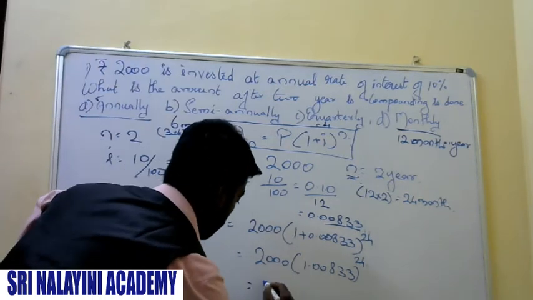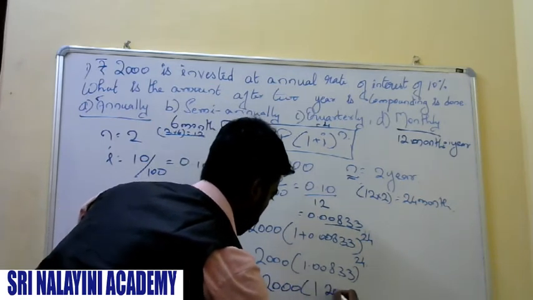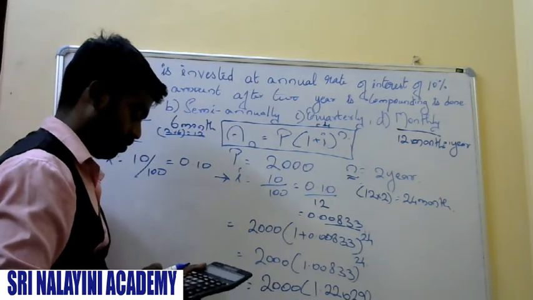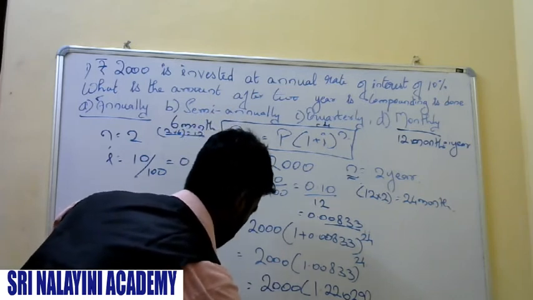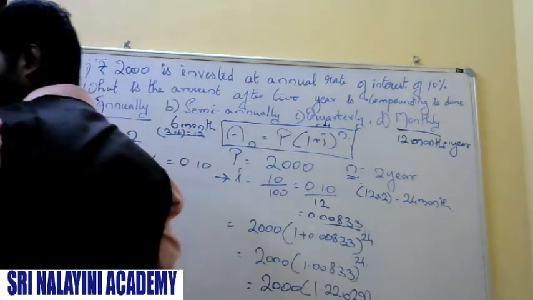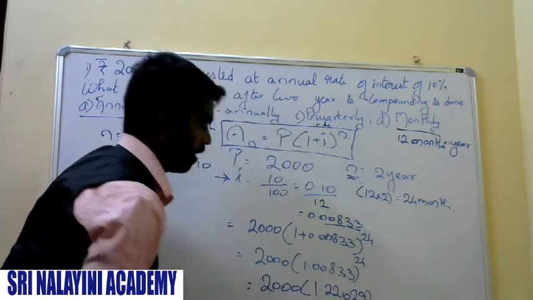You will get 2000 into 1.22029, and when we convert, you get 2405. This is the final answer.